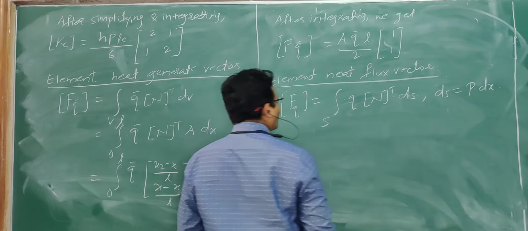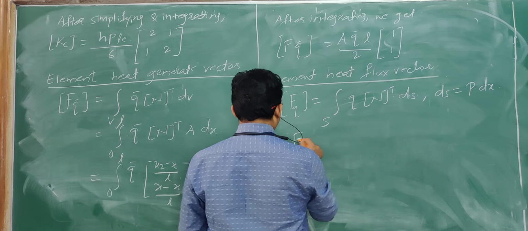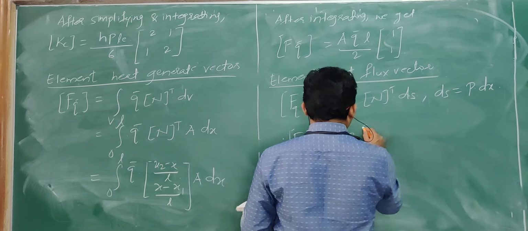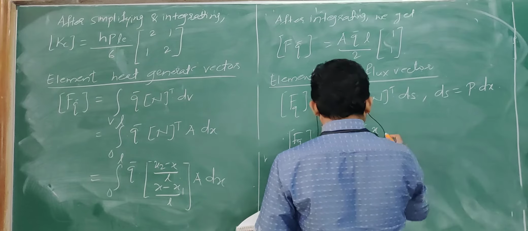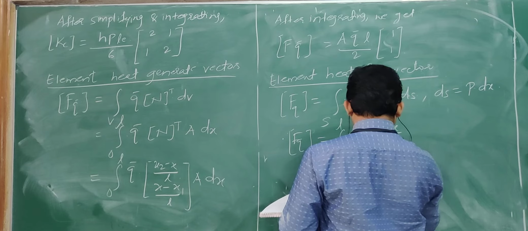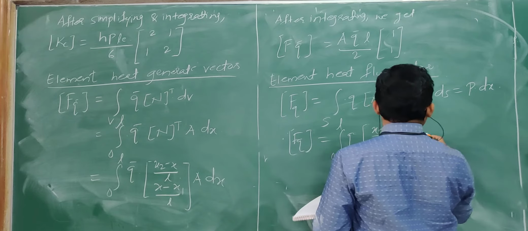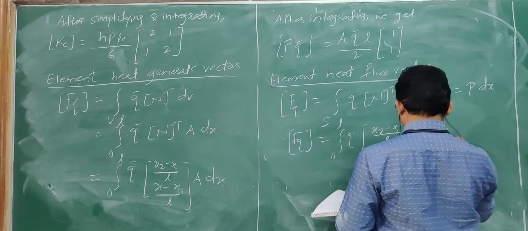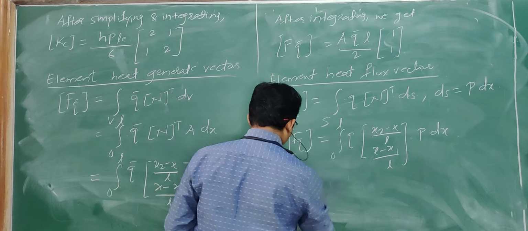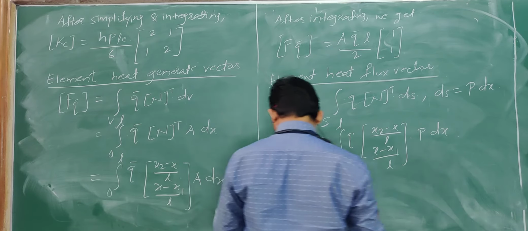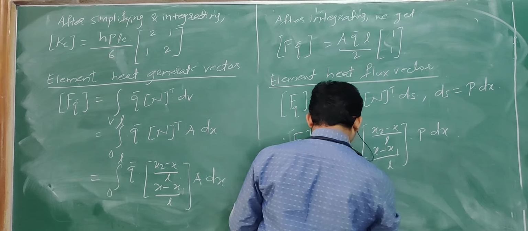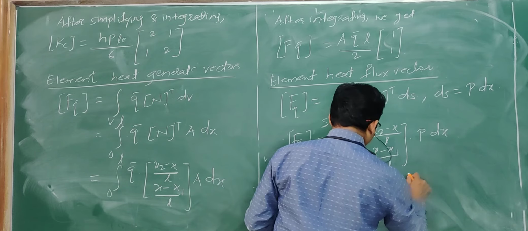It is 2 times (W plus T). So therefore FQ will be, between 0 to L, Q into (x2 minus x) upon L and (x minus x1) upon L, P dx. So after integration, FQ will be P into Q into L divided by 2, times [1; 1].